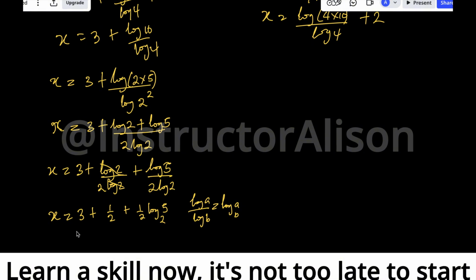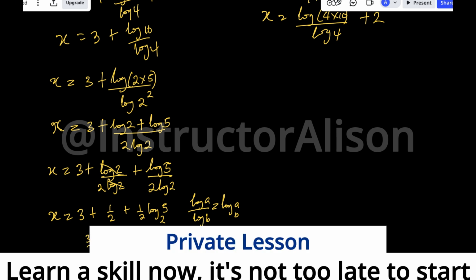But then let's play with this particular one. If I have 3 plus 1 over 2, what's the answer? Let me do a short multiplication here. 2 times 3, that will be 6, plus 1 times 1, that will be 1, divided by 1 times 2, that's 2. So this gives us 7 over 2.